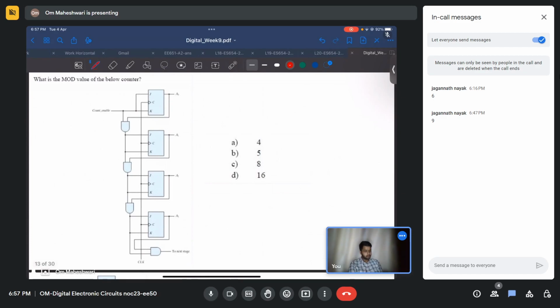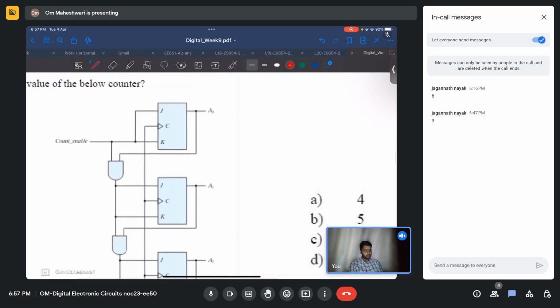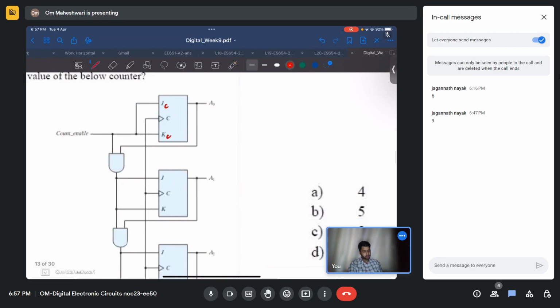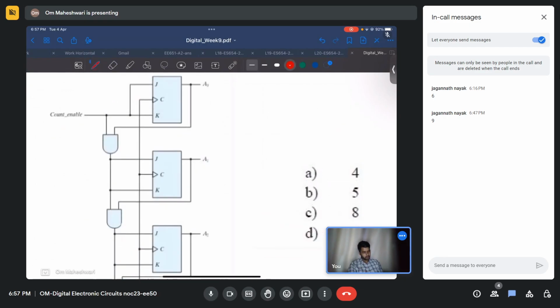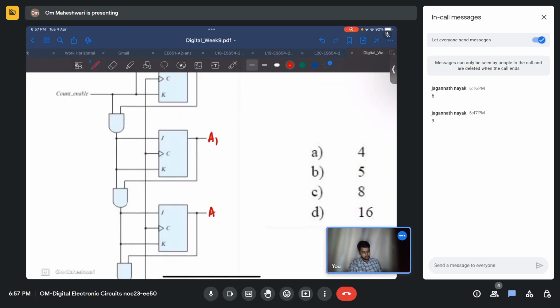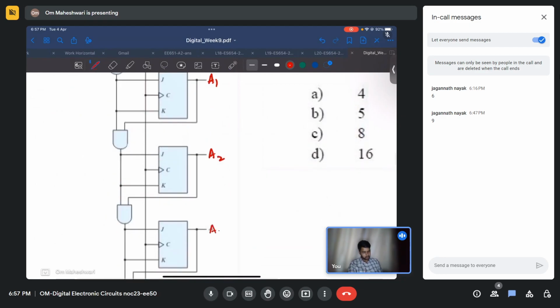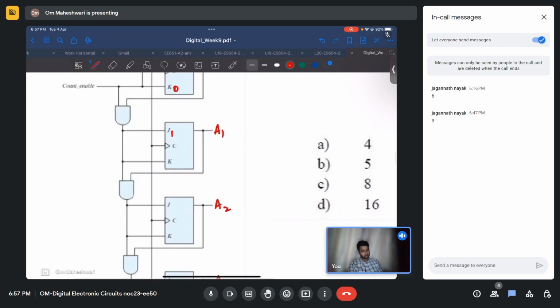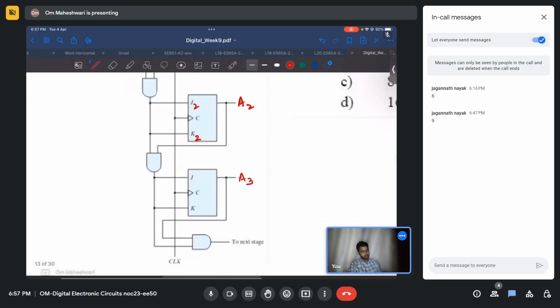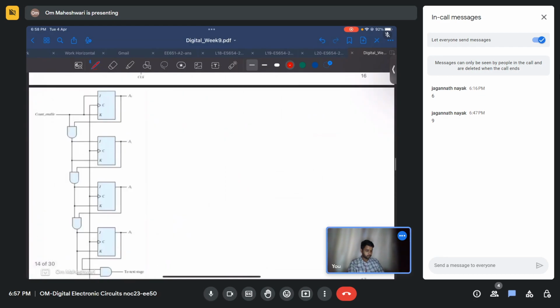What we have to do is find the inputs to these J and K. Oh, sorry, it's not C, it is A0, A1, A2, A3, and the inputs are J0, K0, J1, K1, J2, K2, J3, K3.